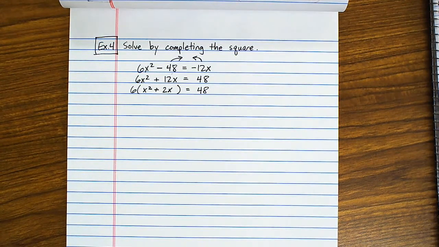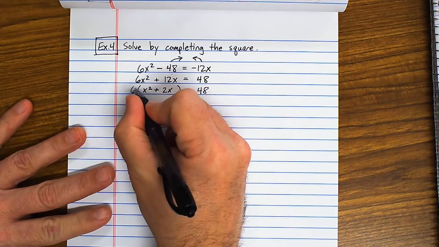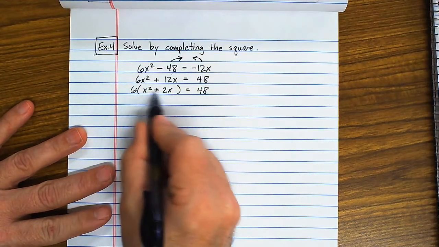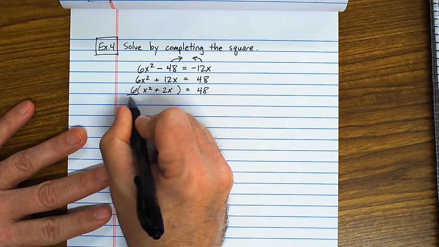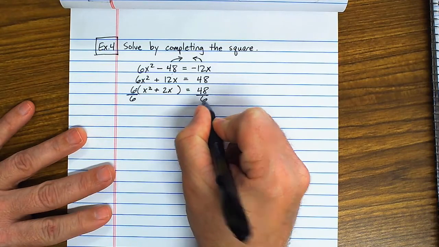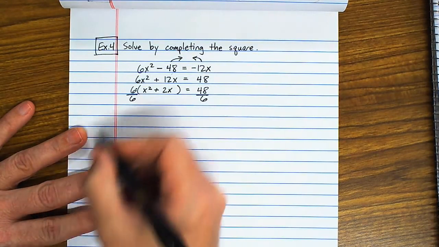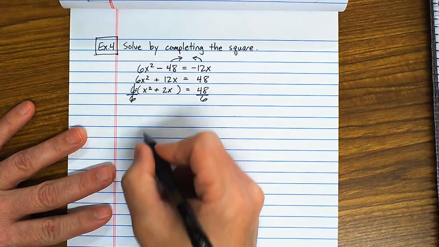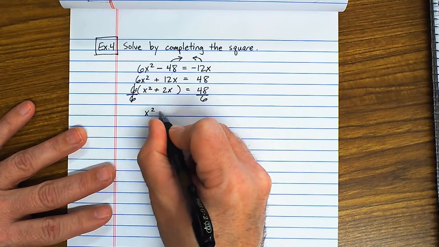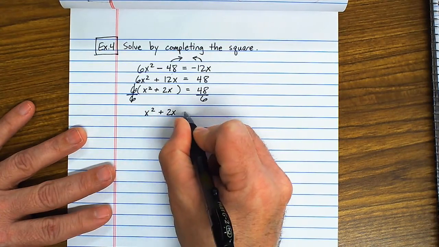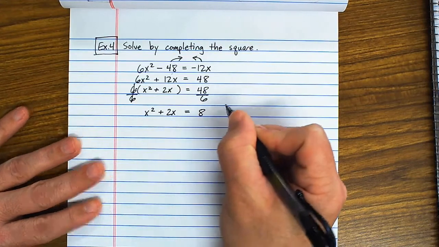So now we're there. That 6 is multiplying by the binomial here, so we're going to divide by 6 on both sides, which will cancel these out and give me x squared plus 2x equals 8.